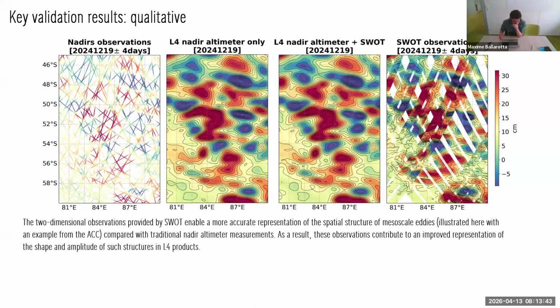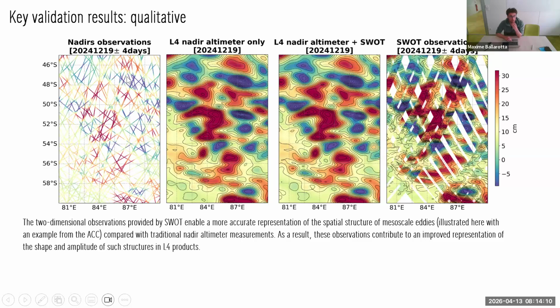Before showing the quantitative results, just to have a feeling of what is the impact of introducing Karin in MIOST, here is a picture where on the left you have the nadir constellation. We are here, I think, in the ACC, the Antarctic Circumpolar Current.